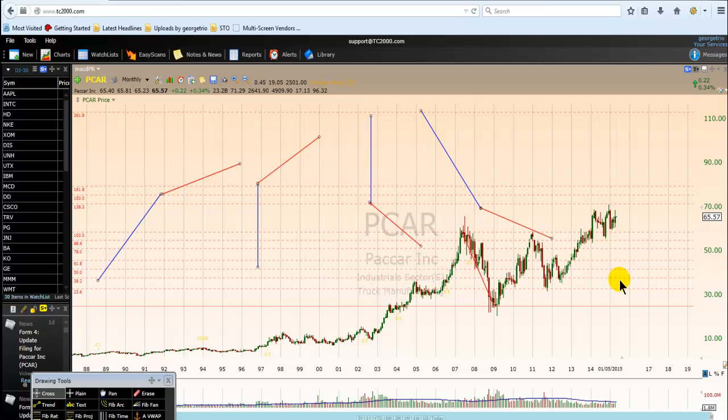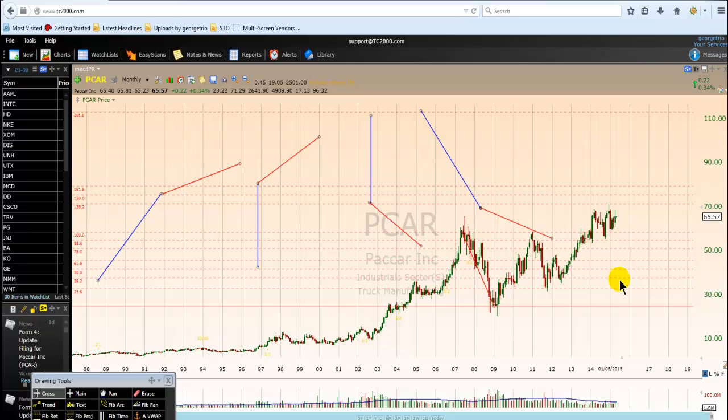As the word is self-explanatory, the ending diagonal takes place in the fifth Elliott wave. The leading diagonal will take place in the first Elliott wave, because the first Elliott wave is the leading wave. The ending wave is the fifth Elliott wave.